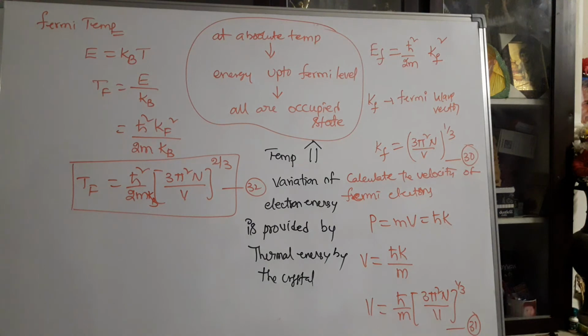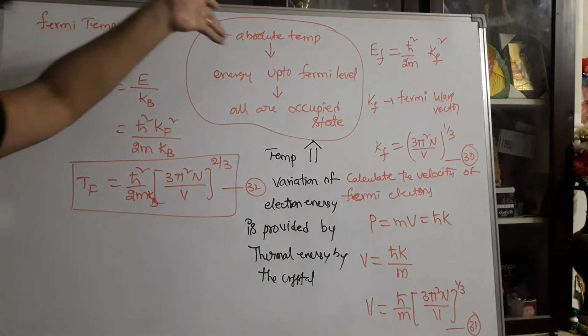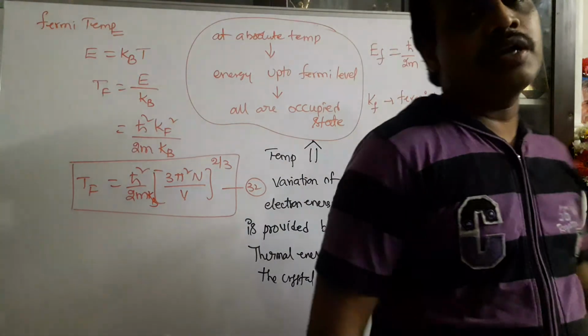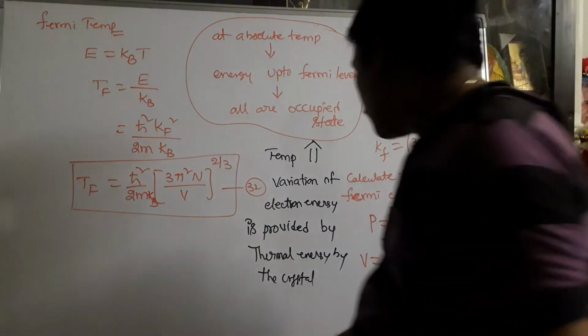This is shown by dotted lines in the graph. Suppose you provide the thermal energy.